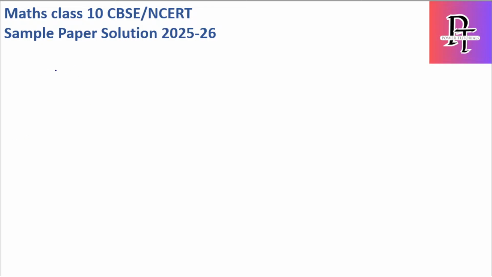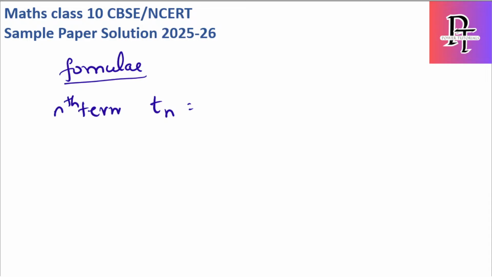For this arithmetic progression chapter, we have only 3 formulas. I'm just repeating all the formulas. The nth term: Tn is equal to a plus n minus 1 into d, where a is the first term, n is the number of terms, and d is the common difference. Then we have the sum of n terms.